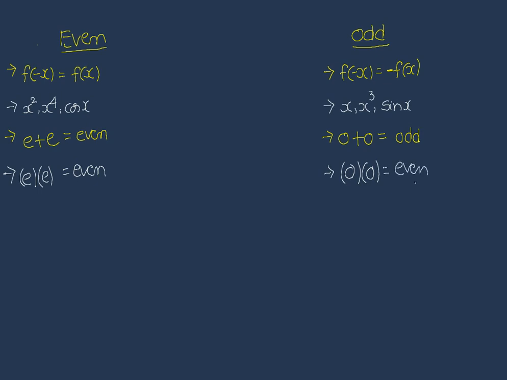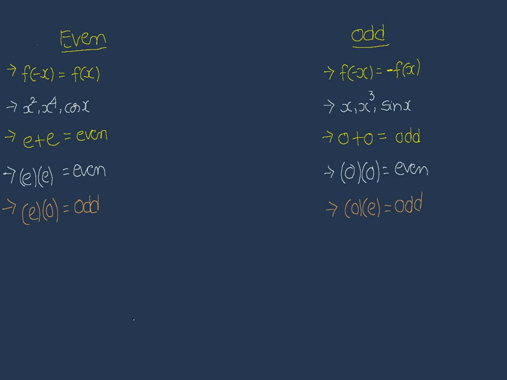So odd into odd is nothing but an even function. Similarly next we will consider one more example. An even function into an odd function, you are going to get an odd function. Here also an odd function into an even function, you are going to get an odd function.